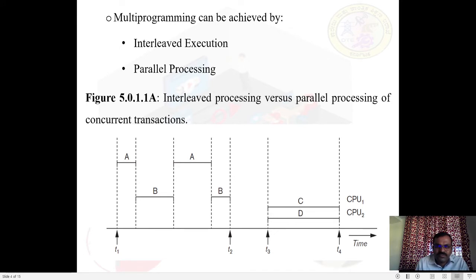There are two processes A and B executing concurrently in an interleaved fashion. Interleaving keeps the CPU busy when a process requires input or output operations. The CPU is switched to execute another process rather than remaining idle during I/O time.